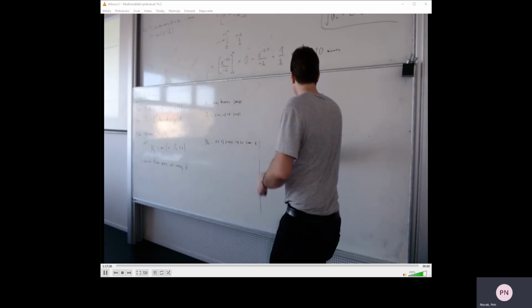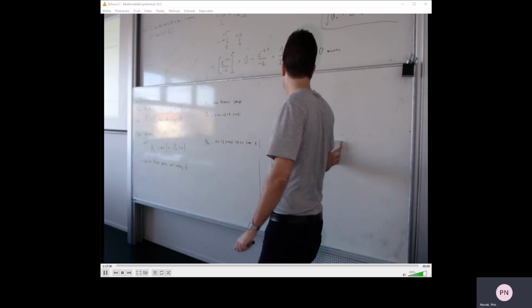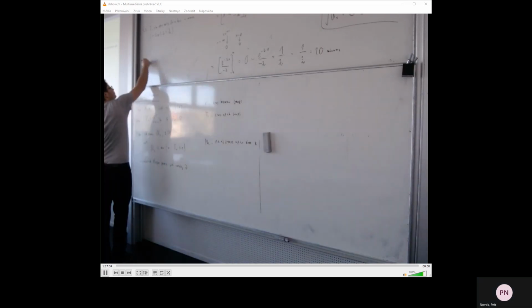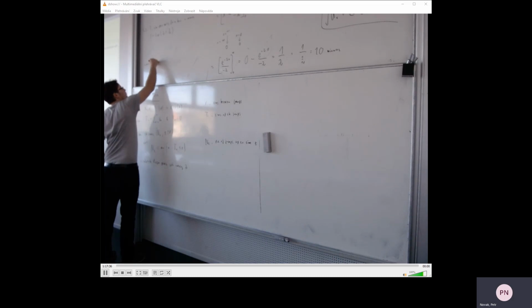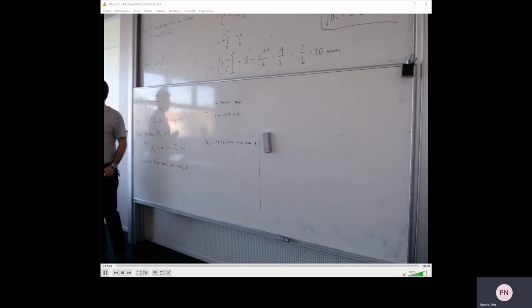The intensity, 1 over 10, is actually giving us the number of buses per the amount of minutes.